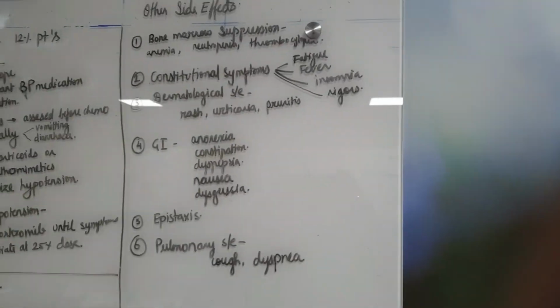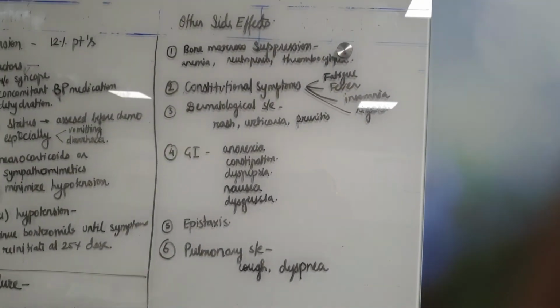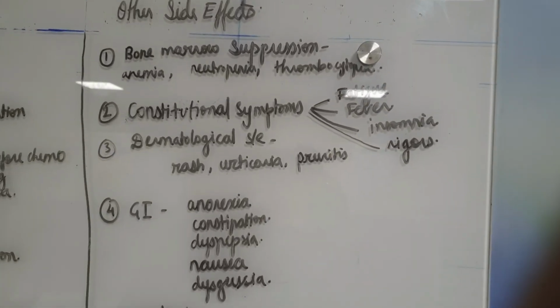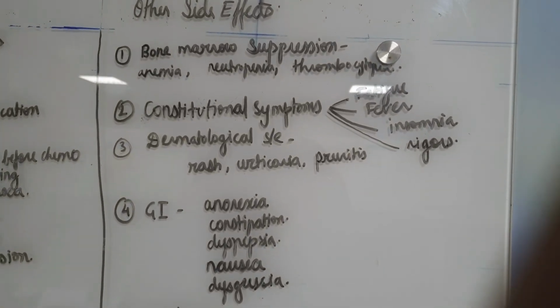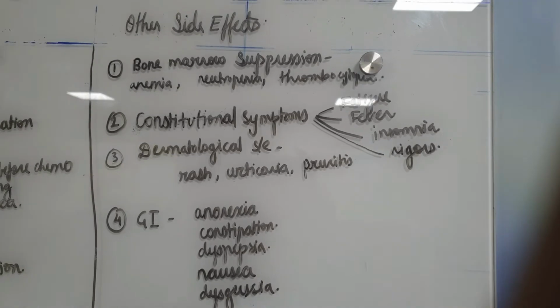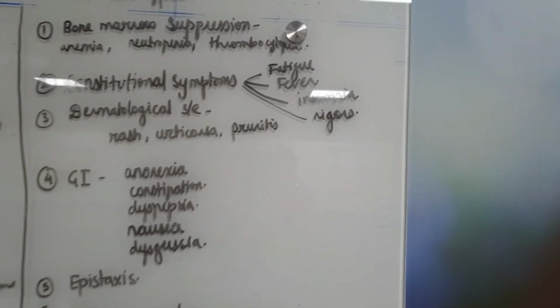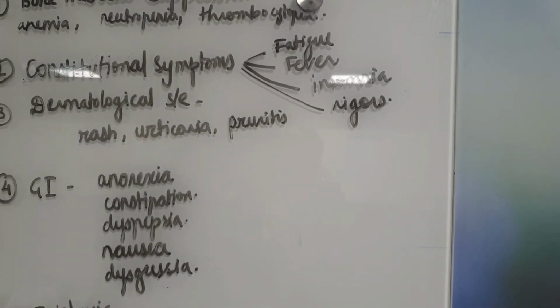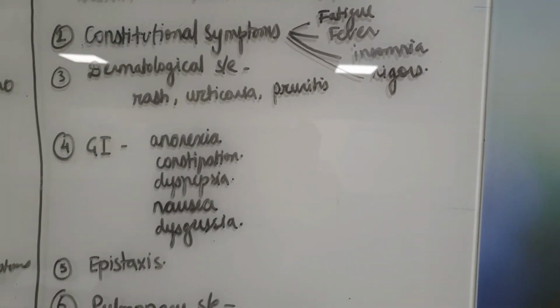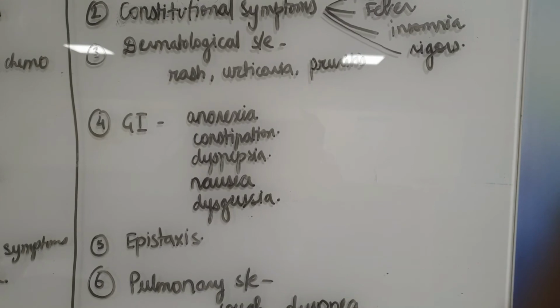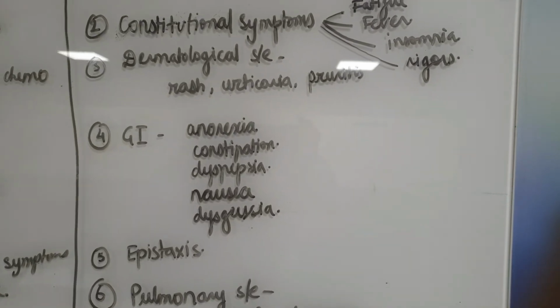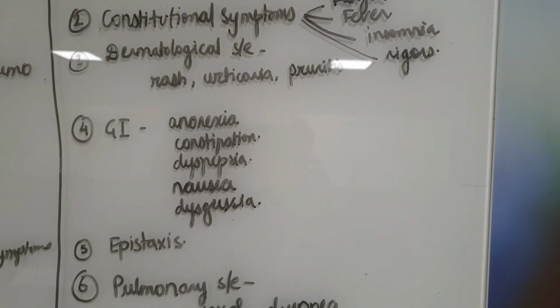Just coming to other important side effects. It causes bone marrow suppression, as we have seen, and patients develop anemia, neutropenia, and thrombocytopenia. Some people also develop constitutional symptoms like fatigue, fever, insomnia, and rigors. Dermatological side effects noted with bortezomib are rash, urticaria, and pruritus.